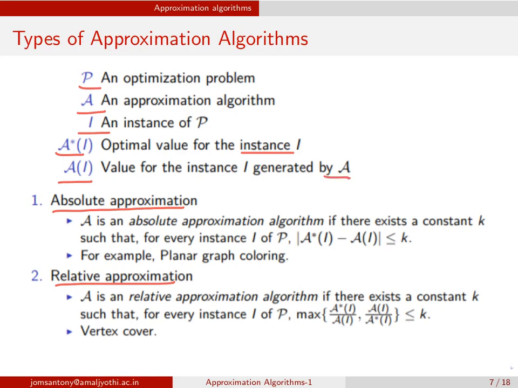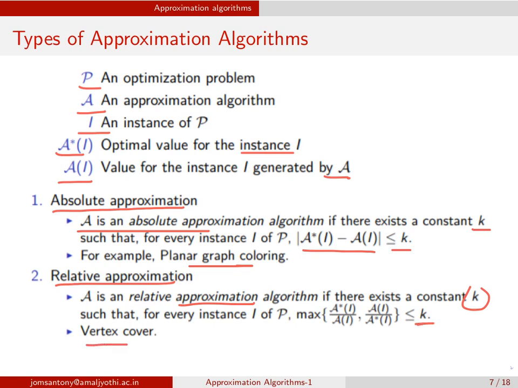Now, the algorithm A is said to be an absolute approximation algorithm if there exists a constant k such that for every instance I of P, the modulus of A star of I minus A of I is less than or equal to k. The example for this is planar graph coloring. Similarly, A is said to be a relative approximation algorithm if there exists a constant k such that for every instance I of P, max of A star of I divided by A of I, comma, A of I divided by A star of I is less than or equal to k.